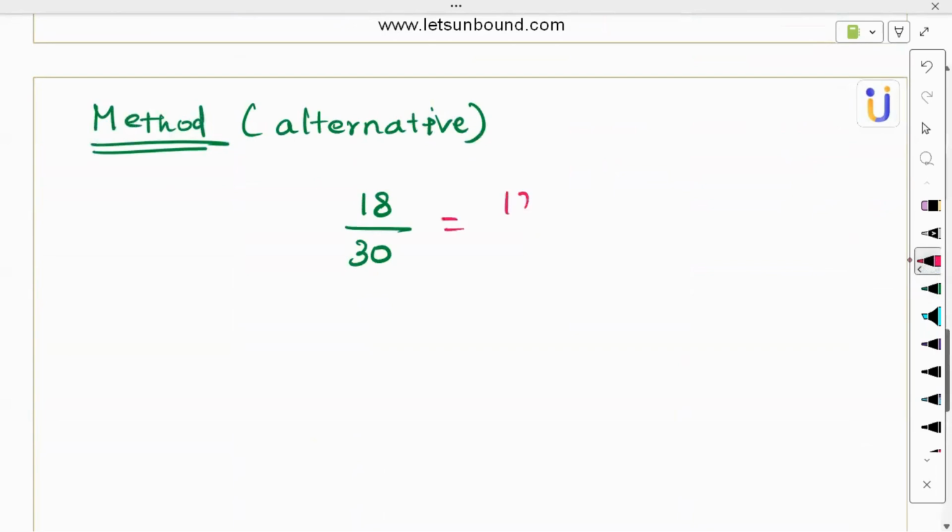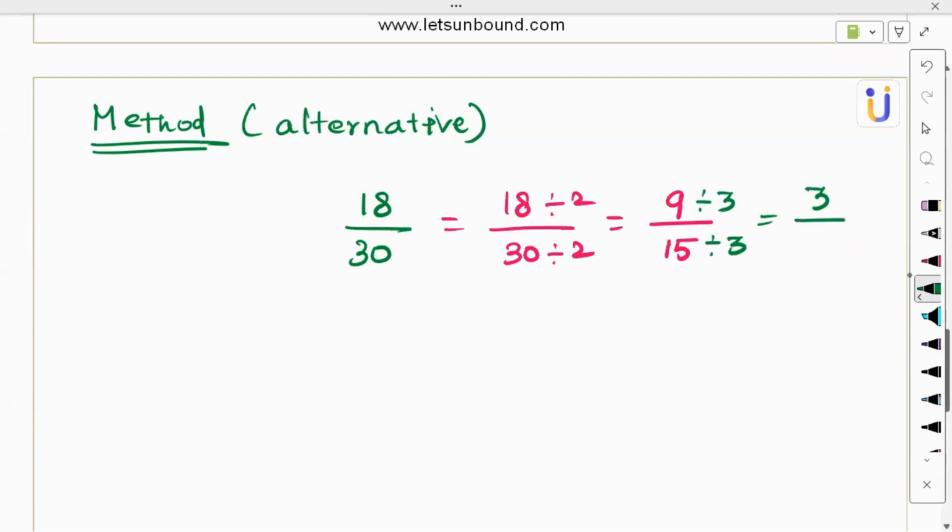First, I'm going to divide by 2. 18 by 2 is 9. 30 by 2 is 15. Then you can apply a divisibility test. 9 and 15, in which table will they be common? 9 comes in the 3 table, 15 also comes in the 3 table. So you just divide by 3. 9 divided by 3 is 3. 15 divided by 3 is 5. Anyway, I get the same 3 by 5.